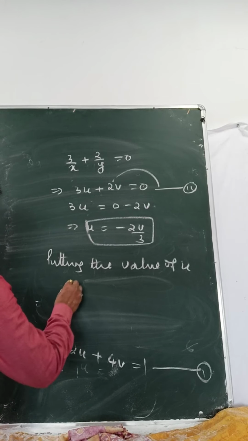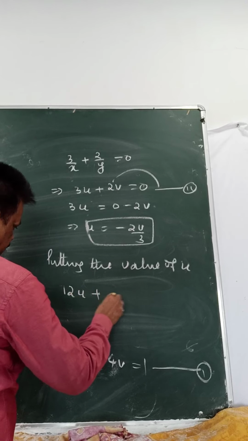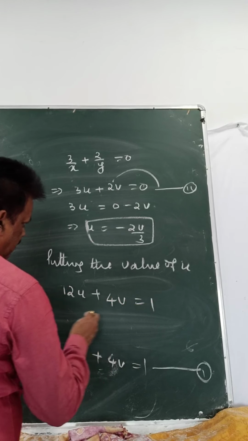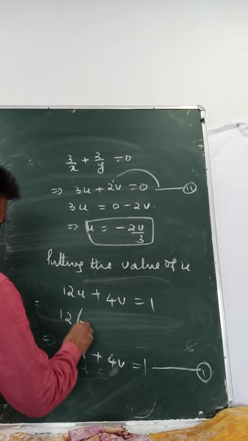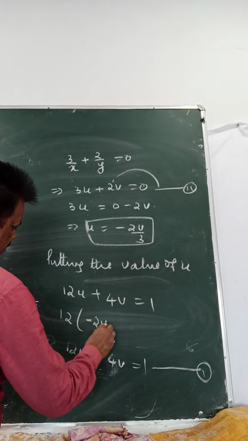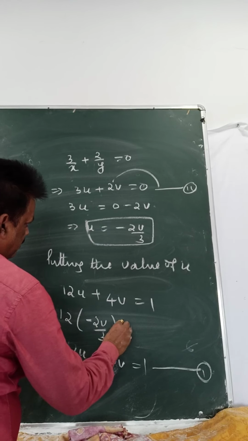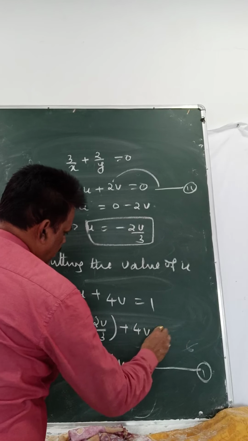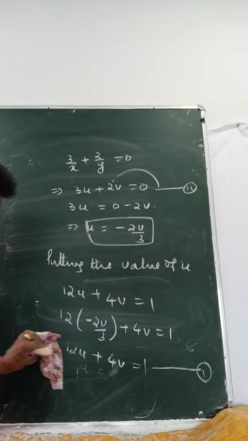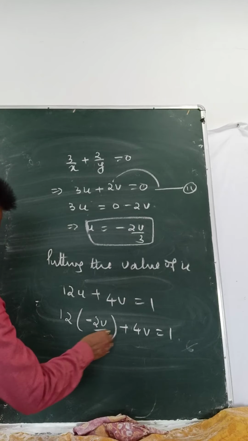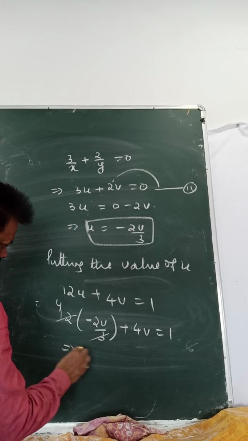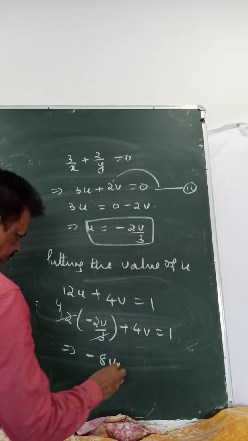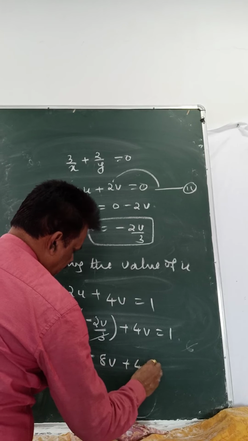That is 12u plus 4v equals 1: 12 times minus 2v by 3 plus 4v equals 1. 3 4s are 12, so minus 8v plus 4v equals 1.